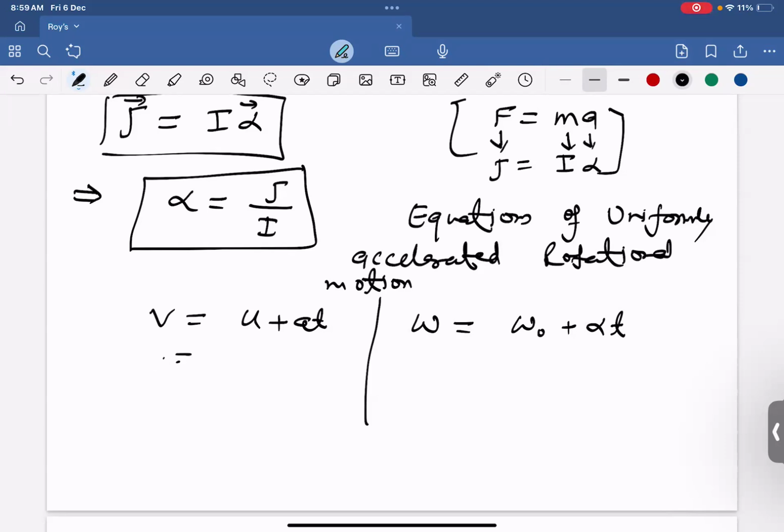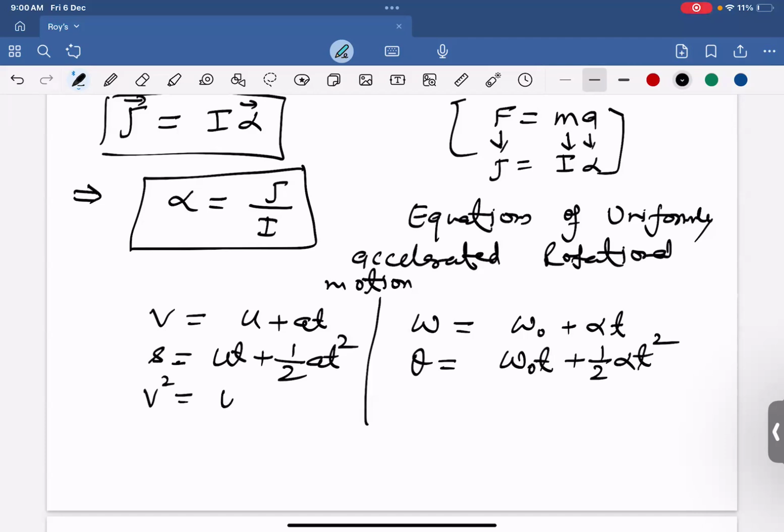Understood. And the distance equation we write as ut plus half at square, so here we can write theta equals omega naught t plus half alpha t square. Here you can write v square equals u square plus 2as, so here omega square equals omega naught square plus 2 into alpha into theta.